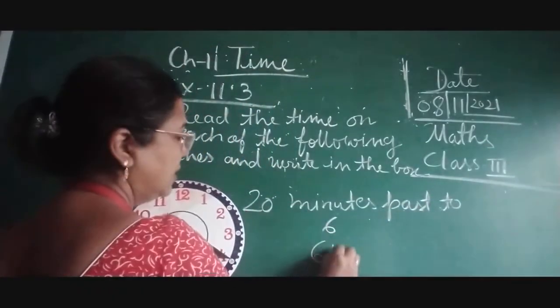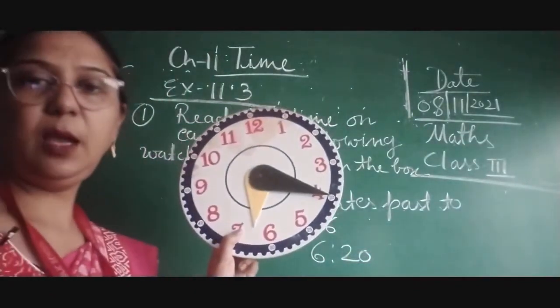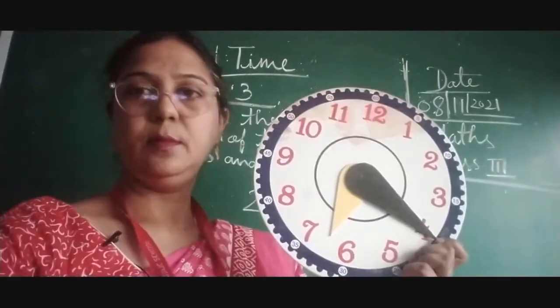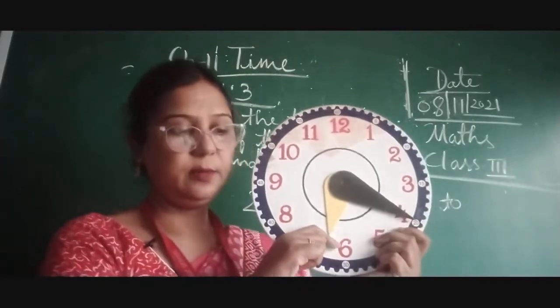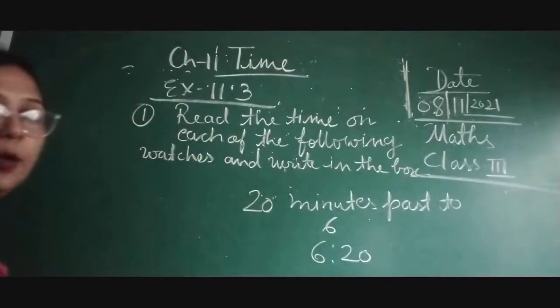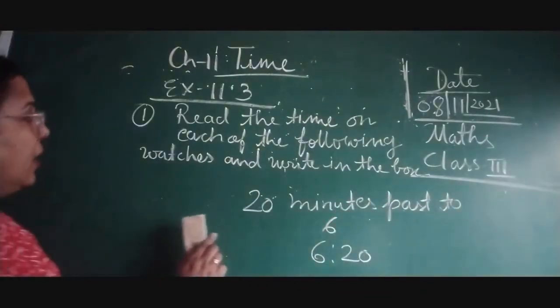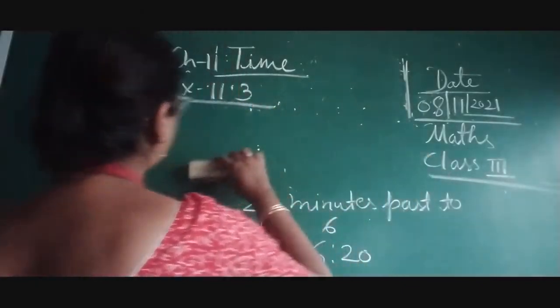This is 6:20, children. Write it down or draw this. Now this is 6:20. Now our next question we are going to write. You just write down 20 minutes past 6. This is 6:20. Now our second question we are going to start.